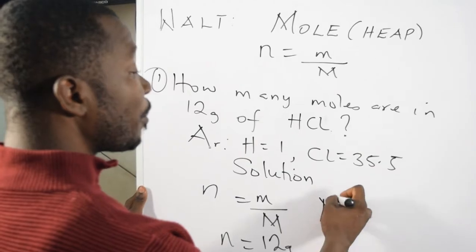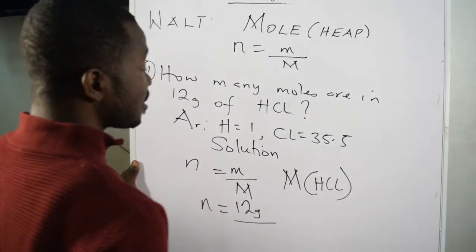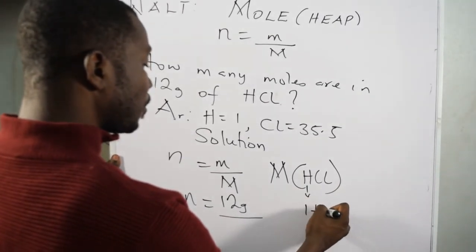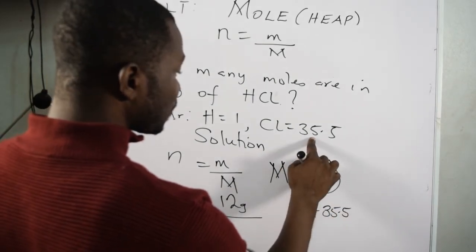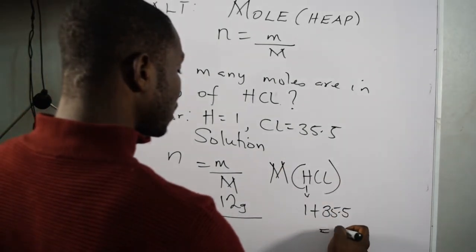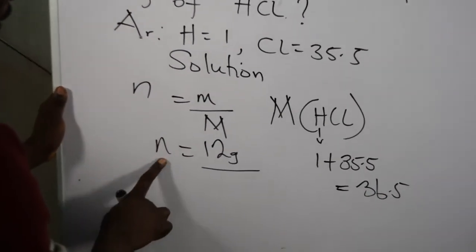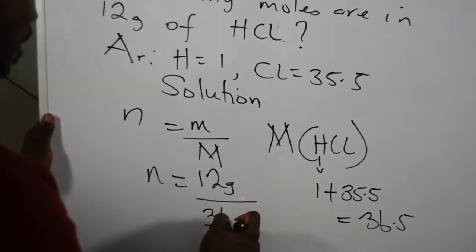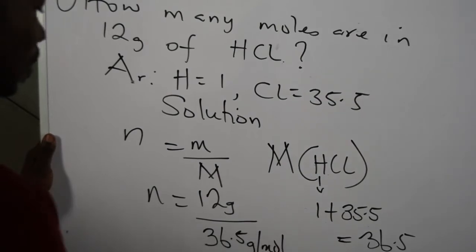So molar mass of HCl, hydrochloric acid, is simply hydrogen, which is 1, plus chlorine, 35.5, which was given. So it is 36.5. So we have 12 grams divided by 36.5 grams per mole.